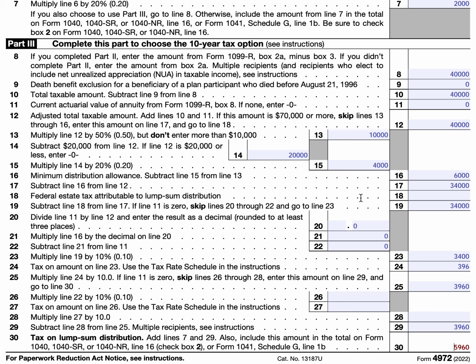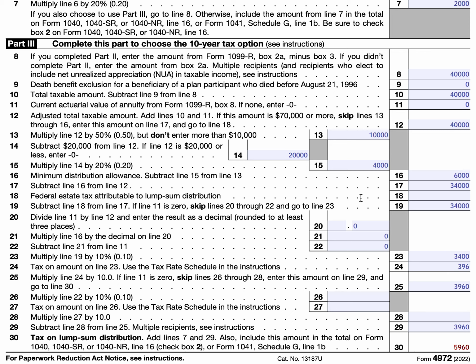If this is for multiple recipients, and if there are recipients who elect to include net unrealized appreciation in their taxable income, there are a couple of worksheets in here for you. And if you also have death benefit exclusions, there's a death benefit worksheet in the form instructions.